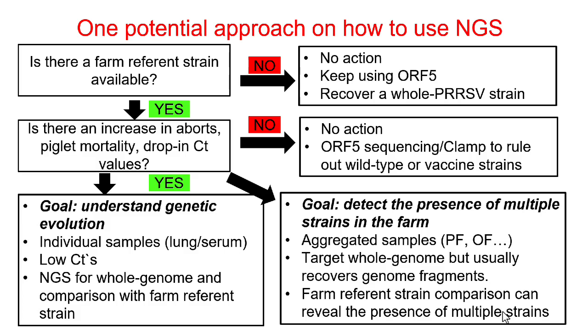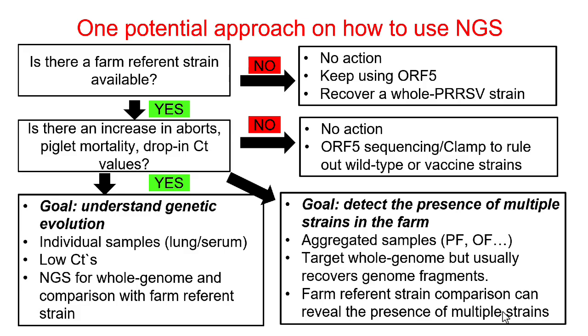Now, if your question, and that's not only this time but other times, is whether there is presence of multiple virus strains in the herd and you want to detect that, then go for aggregate samples that can be processing fluid samples, oral fluid samples, family fluids, or maybe do a pool of many sera. Because you are targeting to understand if there is more than one PRRS virus, you want to recover that.